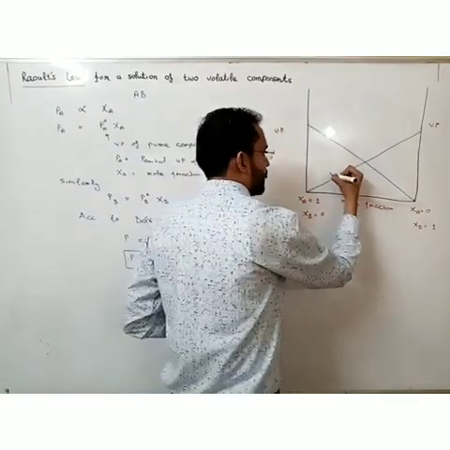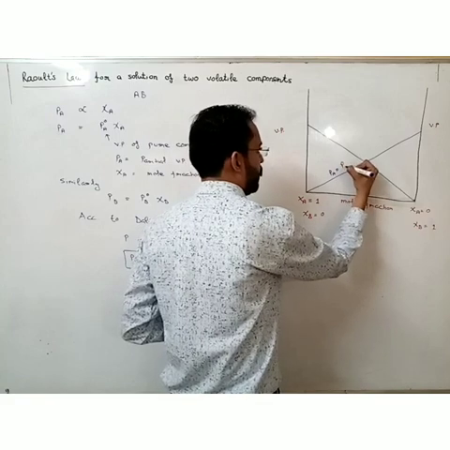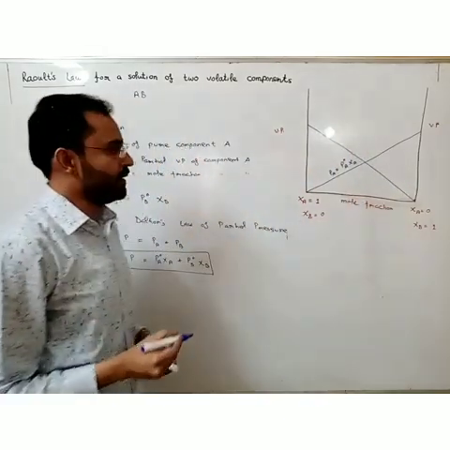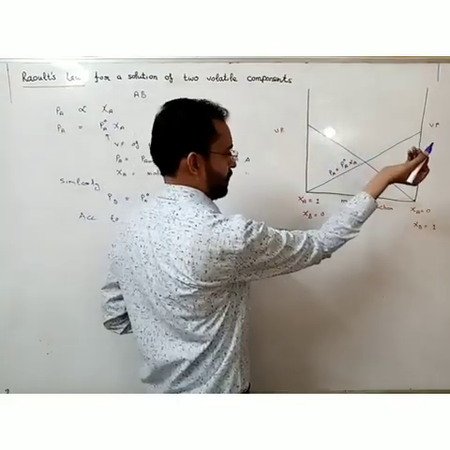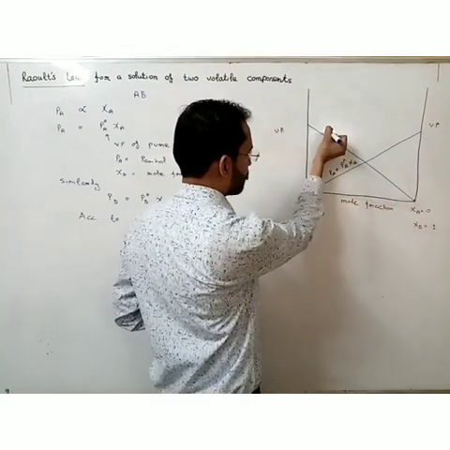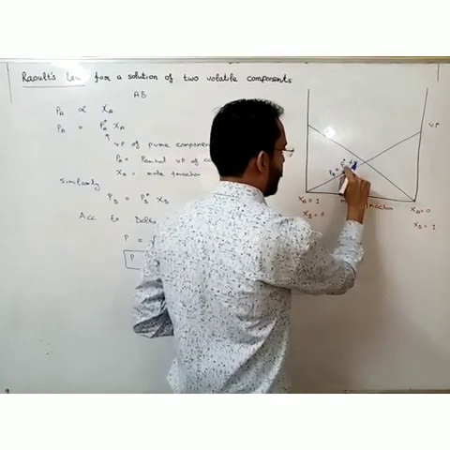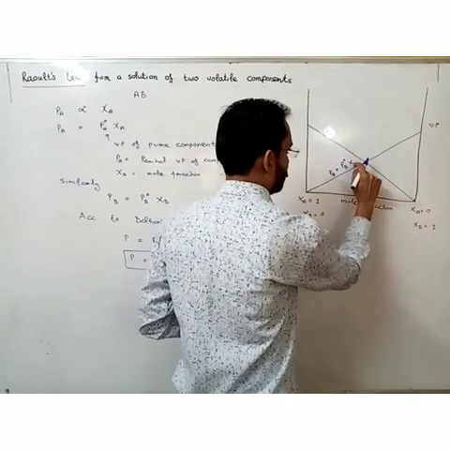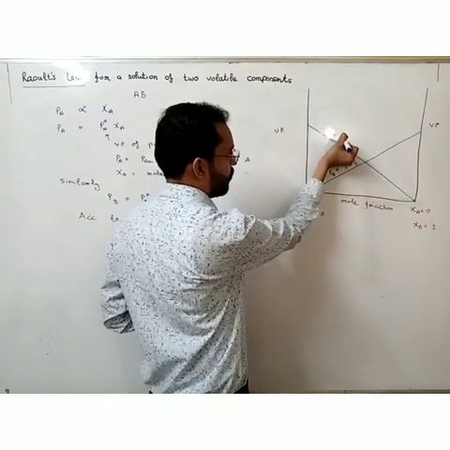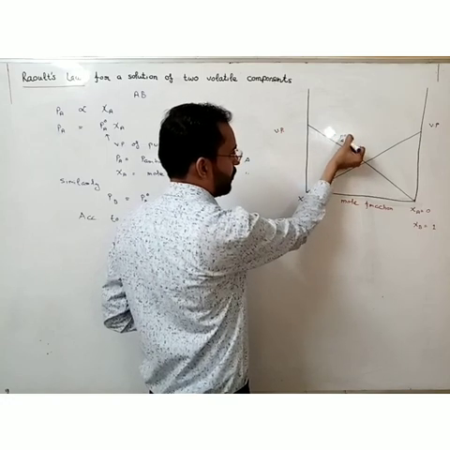One line represents partial vapor pressure of component B. This line represents partial vapor pressure of component A, PA, which is equal to PA naught XA.